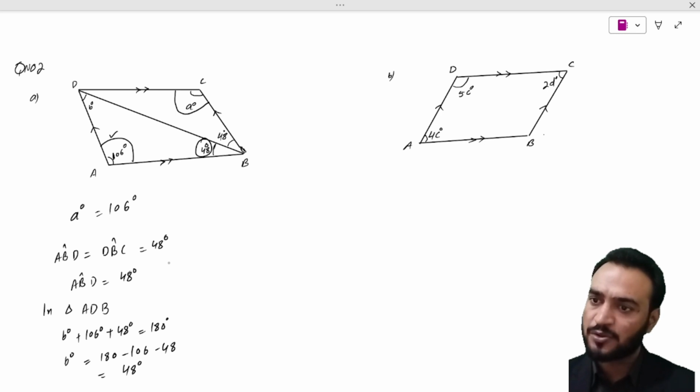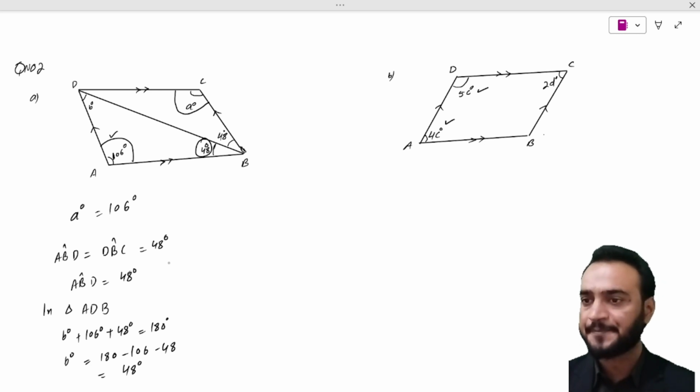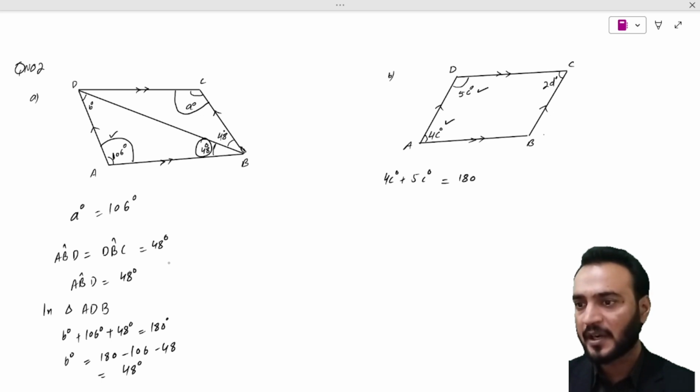So the sum of these two angles, 4C degrees and 5C degrees, is equal to 180 degrees because both are interior angles, and the sum of interior angles between two parallel lines is equal to 180 degrees.